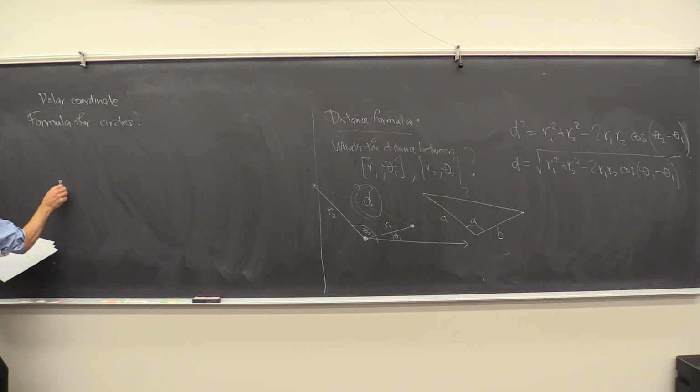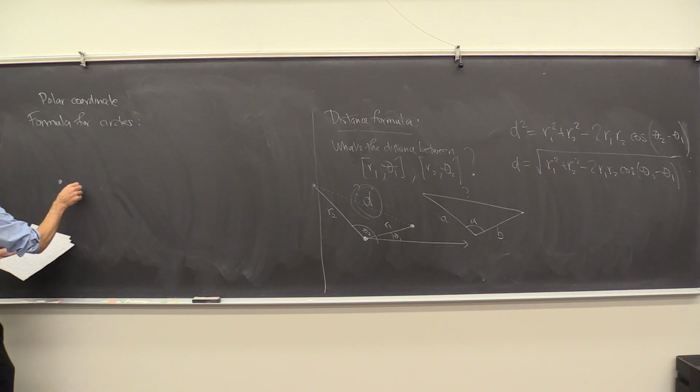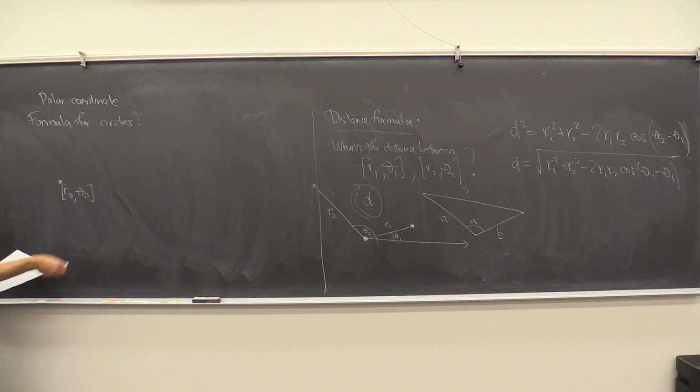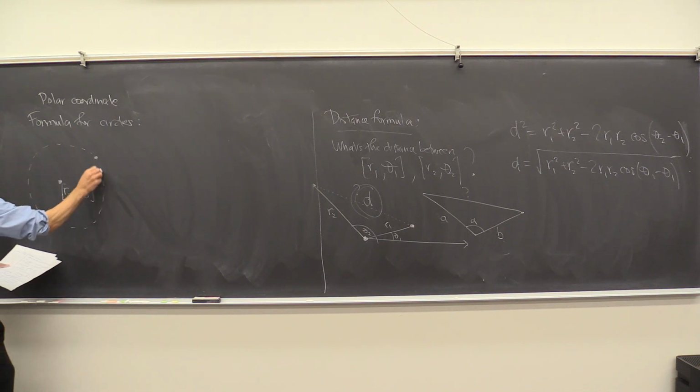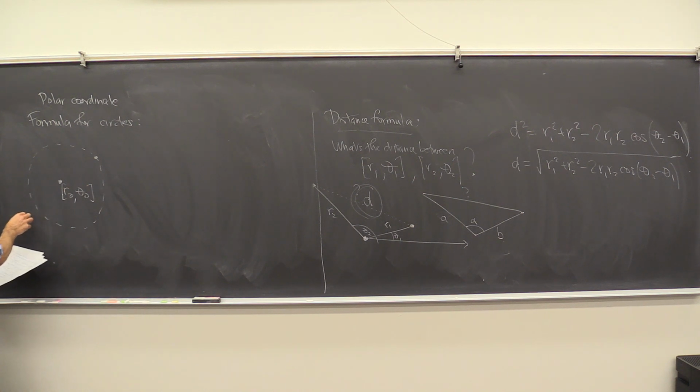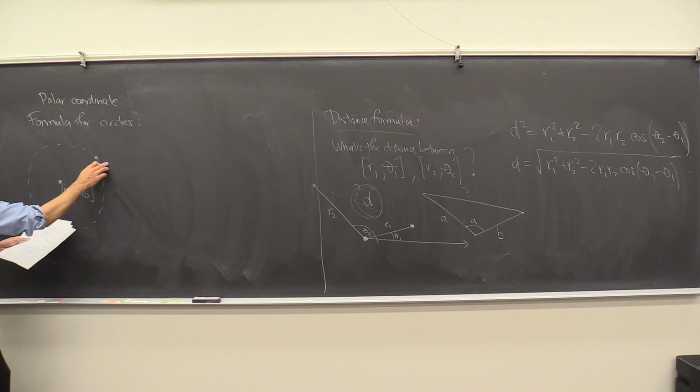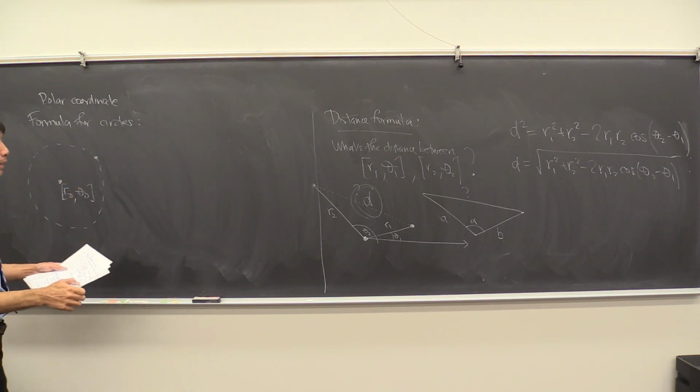So you have this point here. Let's call this point r naught, theta naught. And you want the circle of radius r around it.